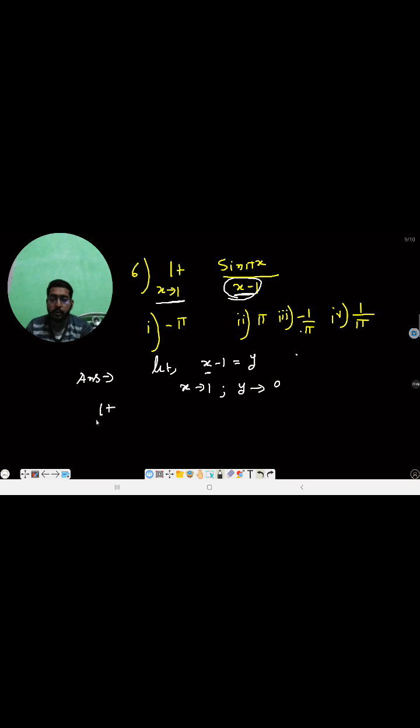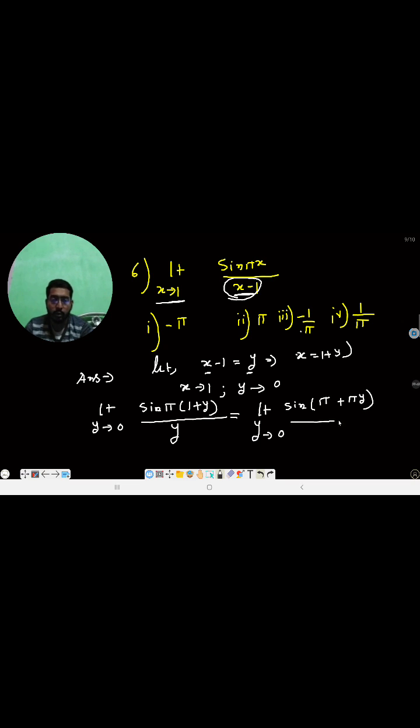So that will become limit y tends to 0 of sine of pi times x, and what is the value of x? From here we can find the value of x. The value of x is 1 plus y, so that will be sine of pi times (1 plus y), divided by x minus 1, which we have taken as y. So next, limit y tends to 0. If I multiply pi here, it will be sine of (pi plus pi y) divided by y.